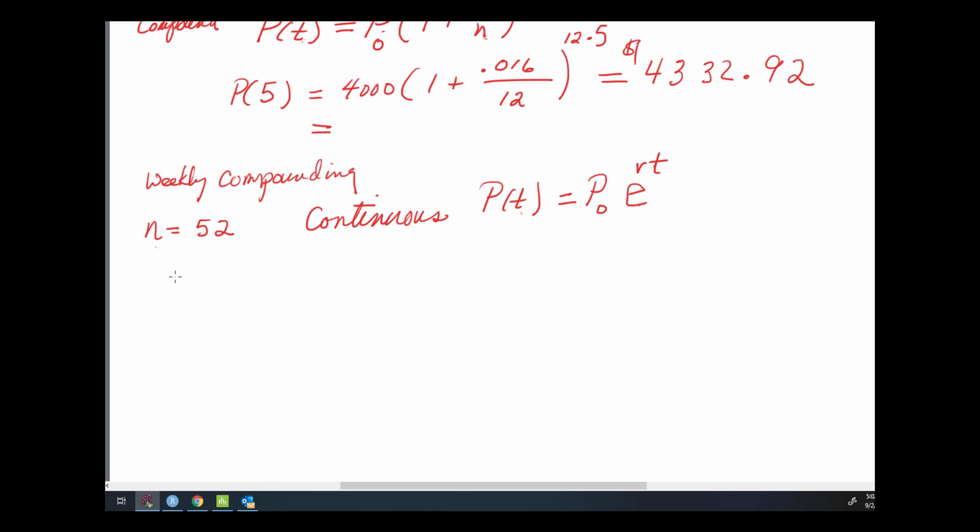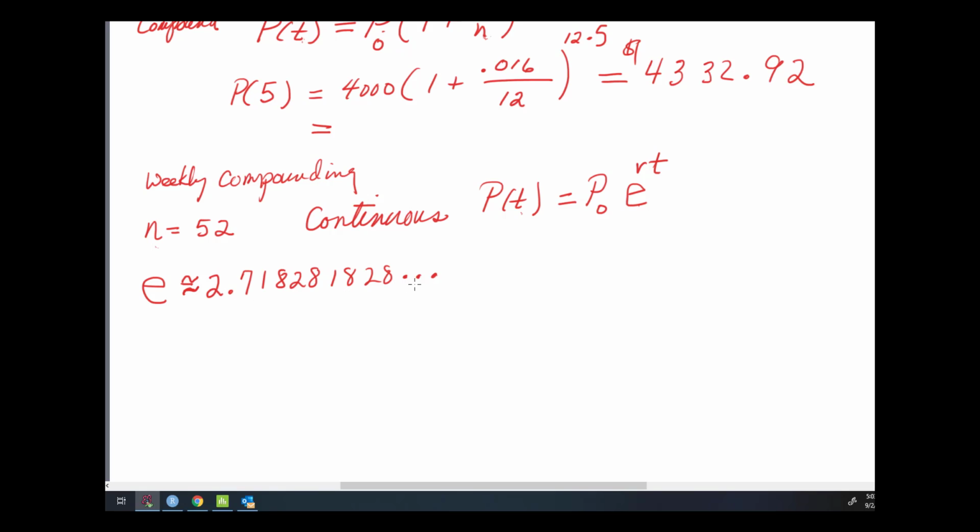And e is this mysterious number that just pops up in so many different applications, but it's about 2.718281828, and it's an irrational number, meaning that it does not have an exact, I'm going to make these tildes, which we use for approximately equal to.